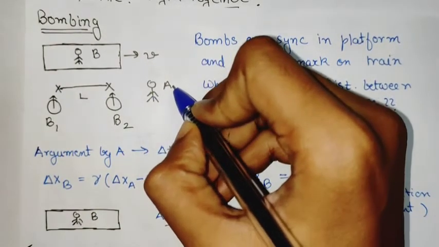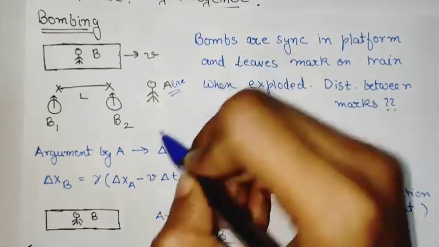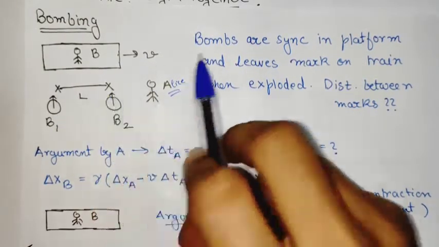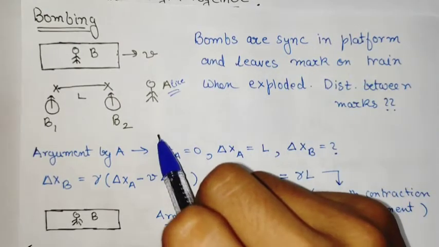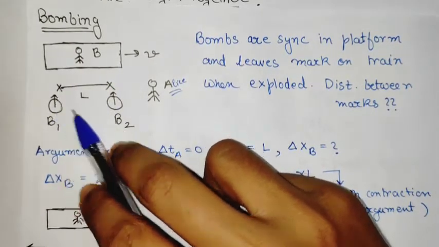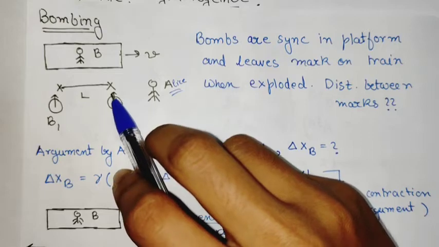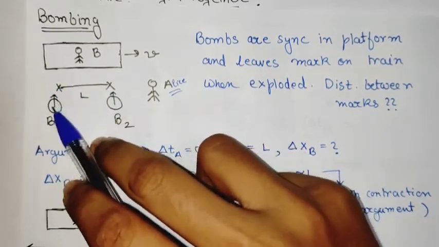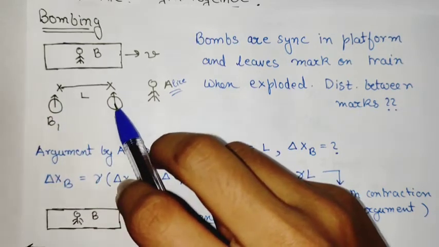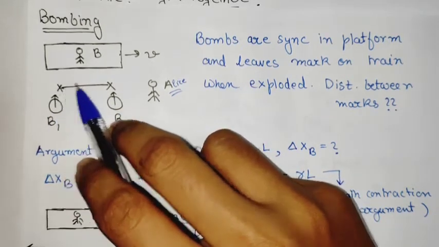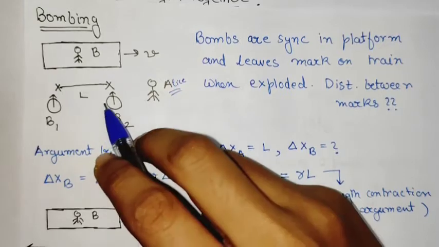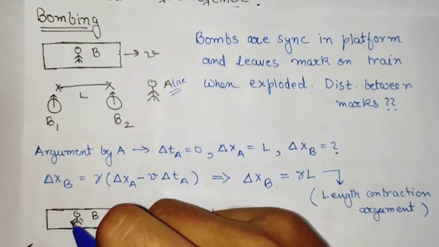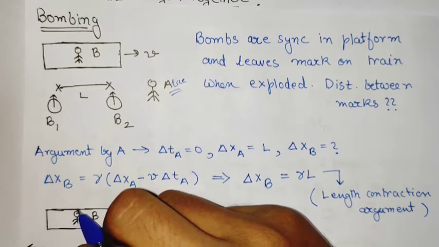The bombs are set up by Alice, suppose, and they are synchronized such that the moment the two bombs reach the time 00, or 12 o'clock, they blast together, since they have a timer attached to them. When they blast, they will leave some marks on this train, and the question is: what is the distance between the marks?